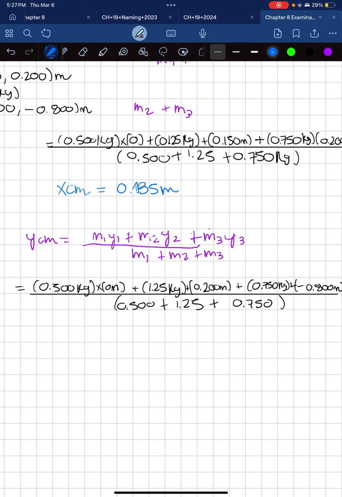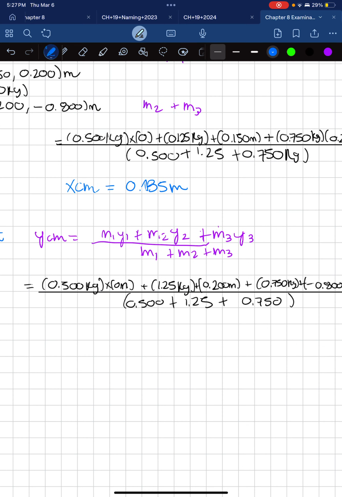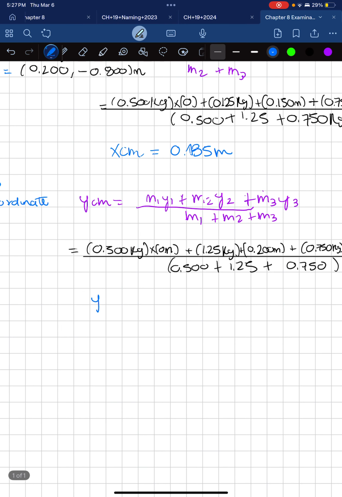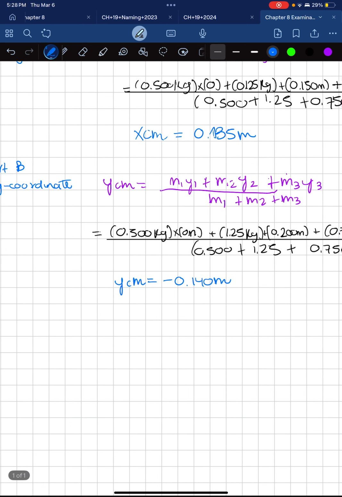And then we plug that into our calculator, just like we did in the previous one. And then we get that the y coordinate of the center of the mass of this system is going to be negative 0.140 meters. So that's going to be it for part B. Let's go ahead and continue with part C.